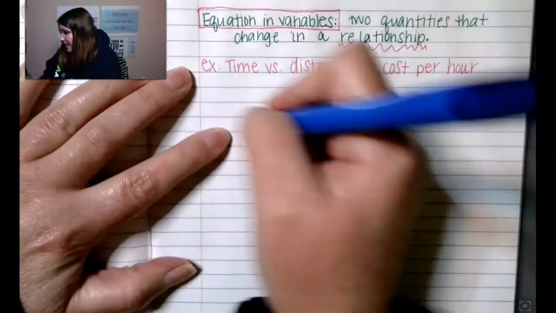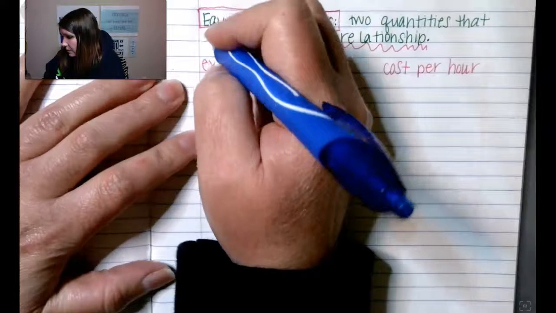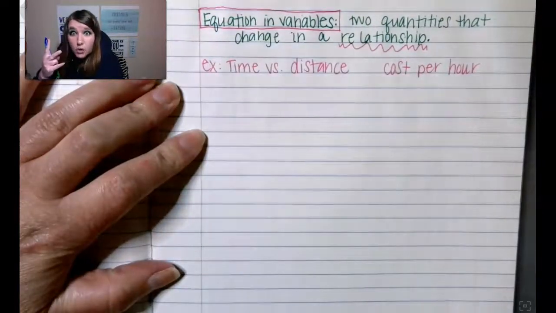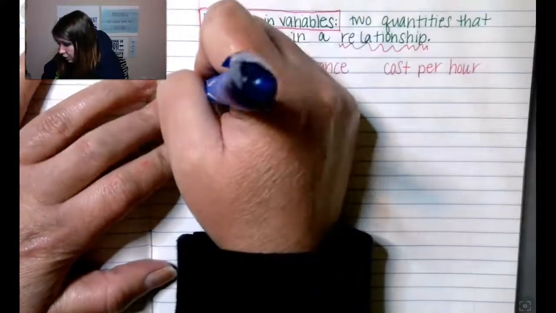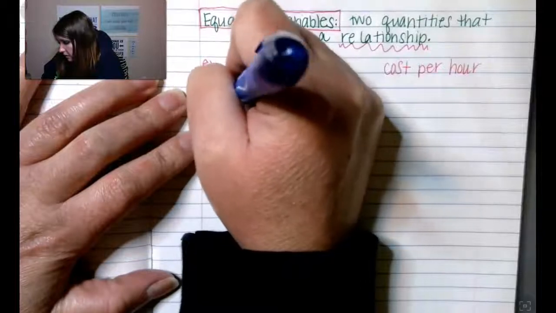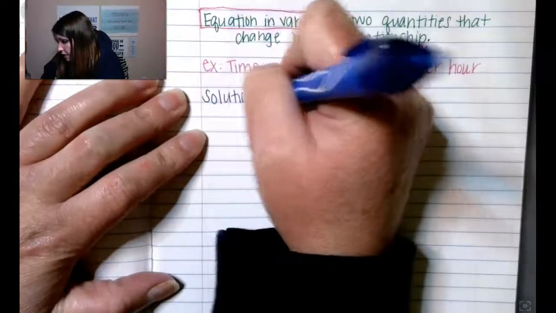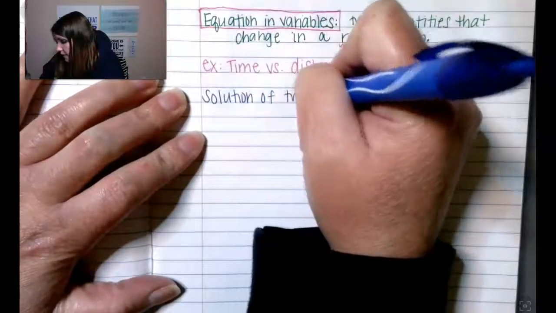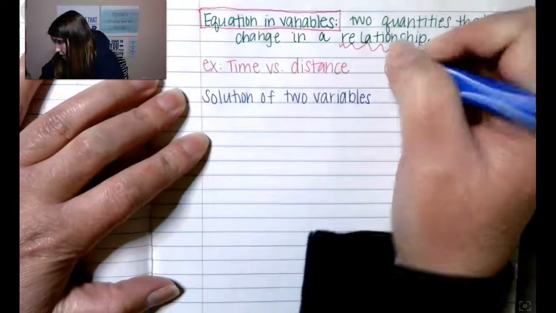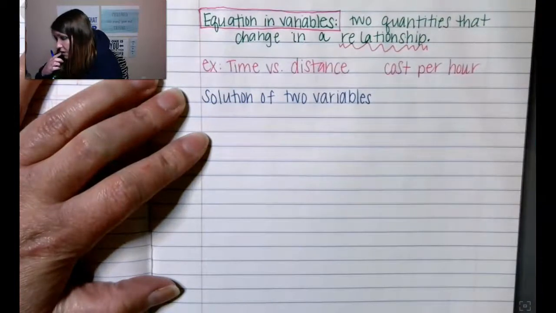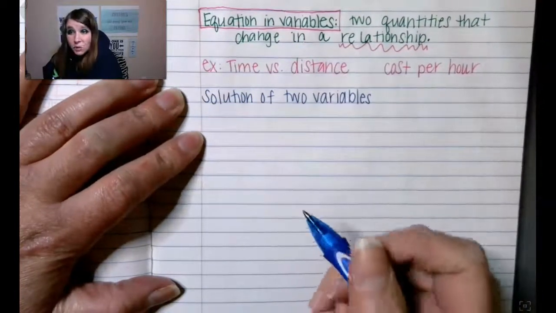Okay, here we go. A solution of two variables in two equations. Not one, two equations. Okay, so a solution of two variables is an ordered pair that makes an equation true.